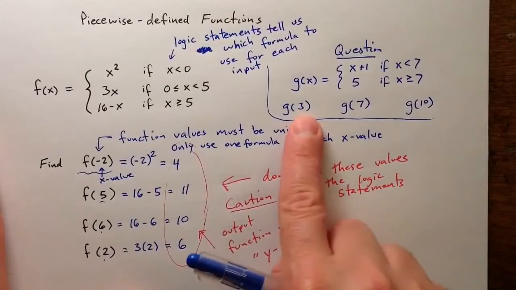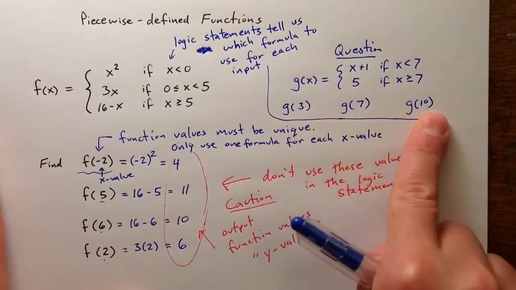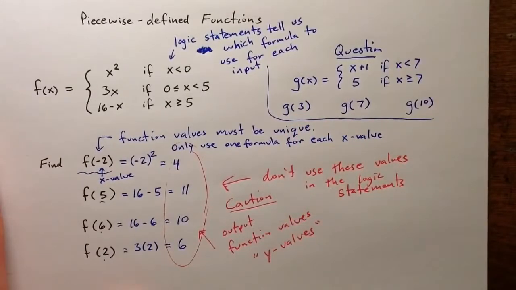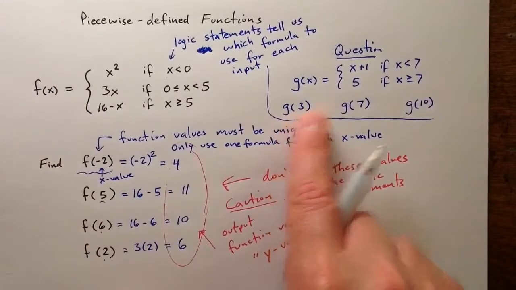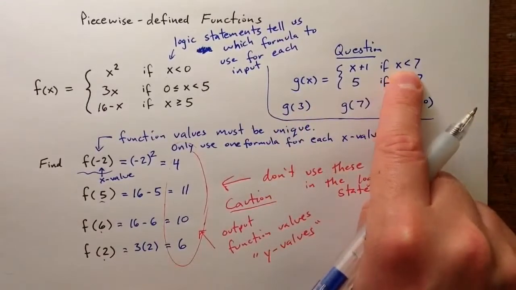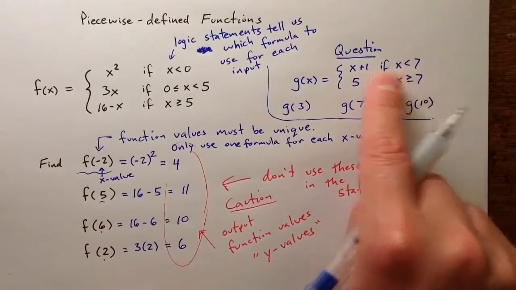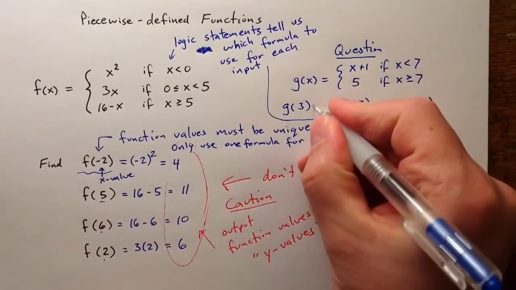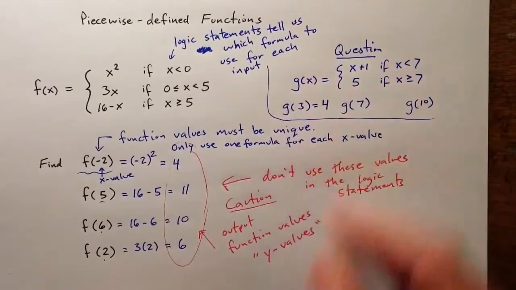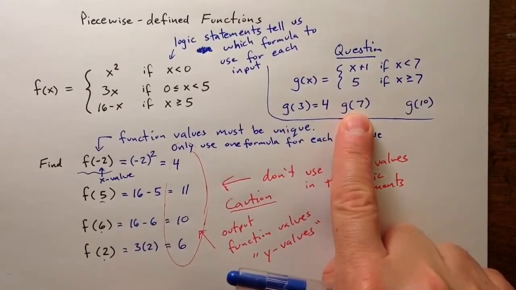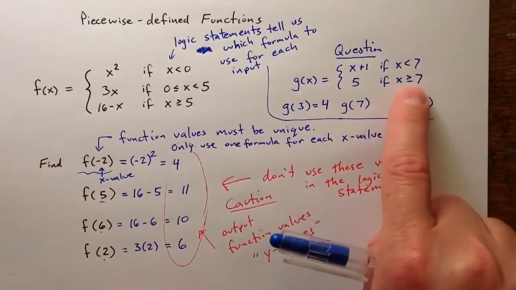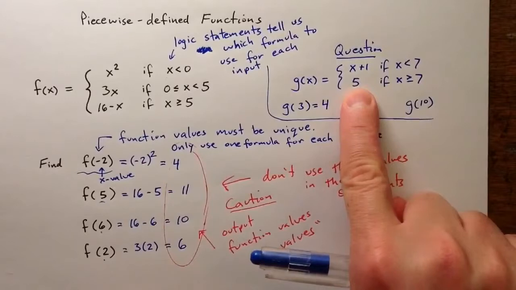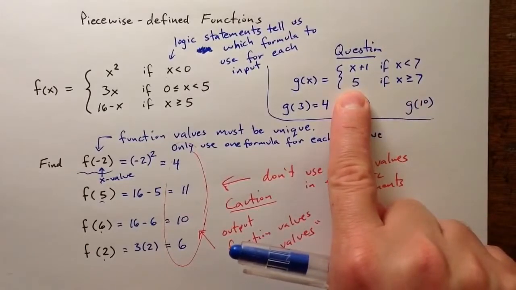I hope you took a minute to find the function values for g at each of these x locations. When x equals 3, it makes the first logic statement true, and so the function value is 3 plus 1, it's 4. When x equals 7, the equality goes with the lower statement, and now this is a little bit different.